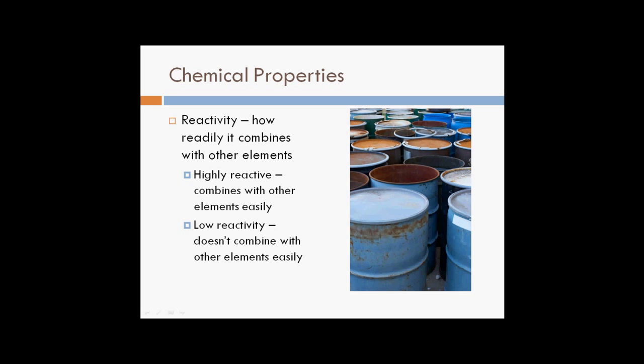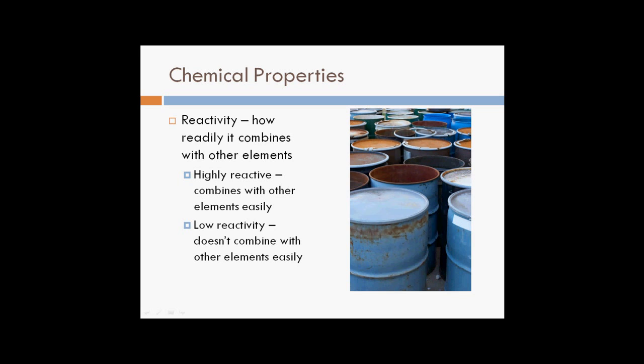So we can basically define reactivity in relation to other elements, like how readily it combines with something like oxygen, and we can also define it with general reactivity, like how oxygen is a very reactive substance. Things like fluorine and chlorine are very reactive substances. Now, low reactivity doesn't combine with other elements easily.